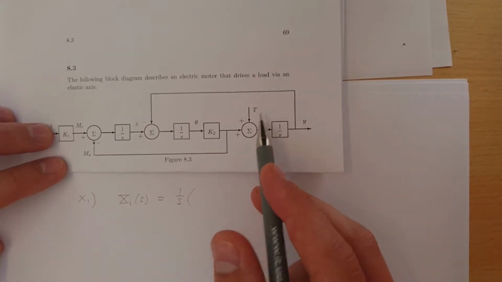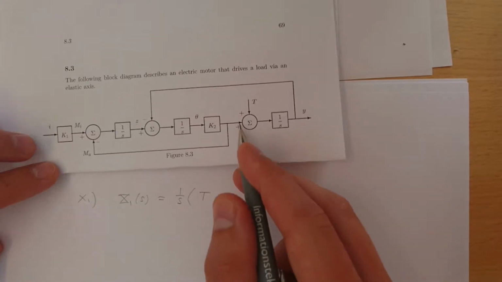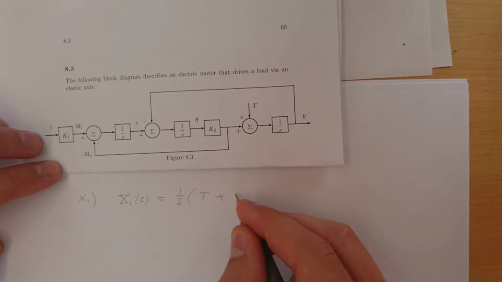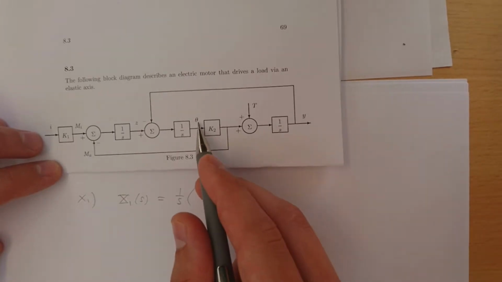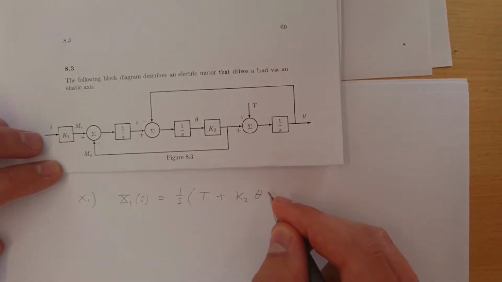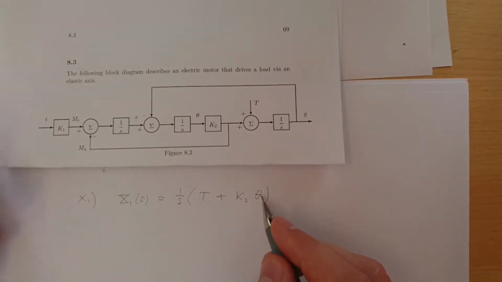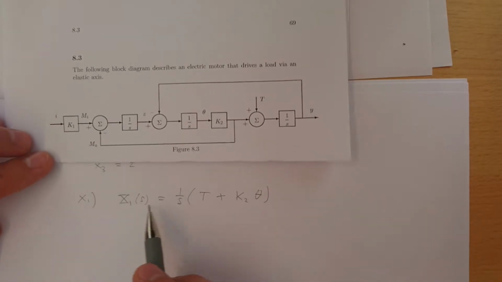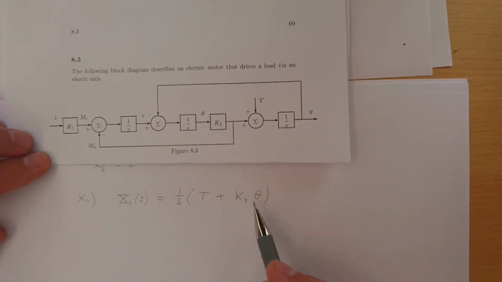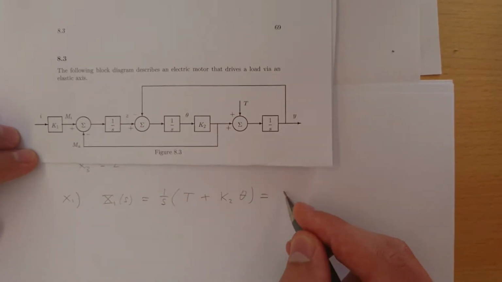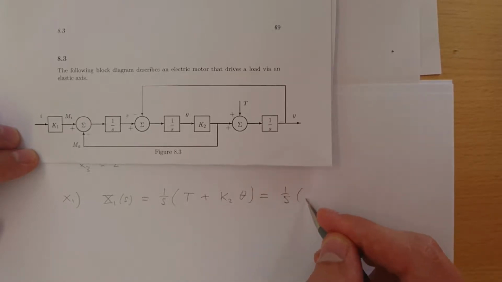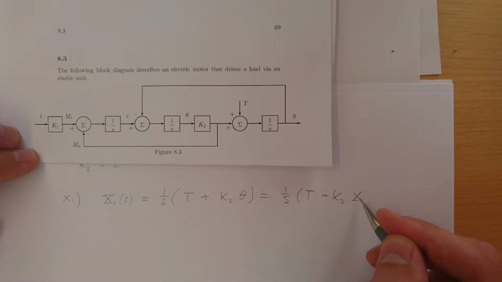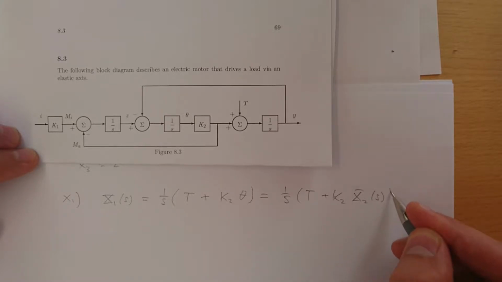In that sum we have capital T plus k2 times theta. And theta, that was our second state, x2. So now we have a relation between the first state and the second state. So this is 1 on s times capital T plus k2 times x2 of s.